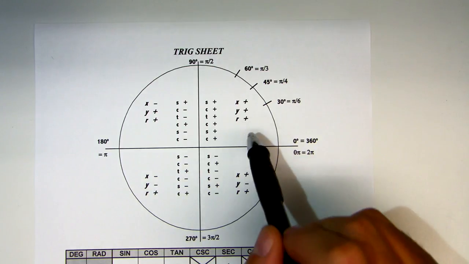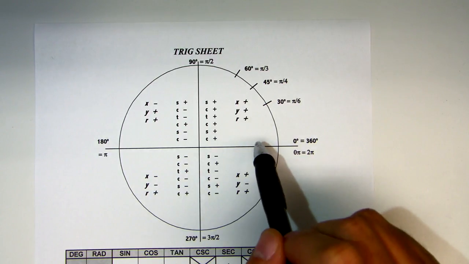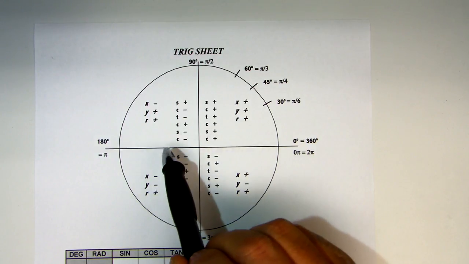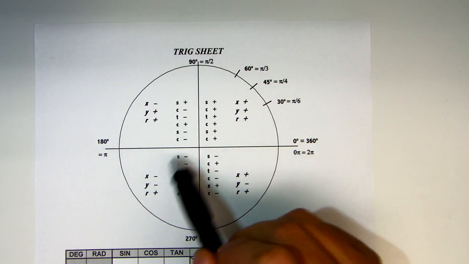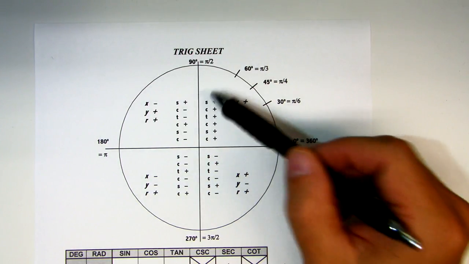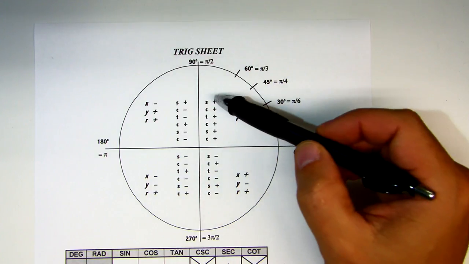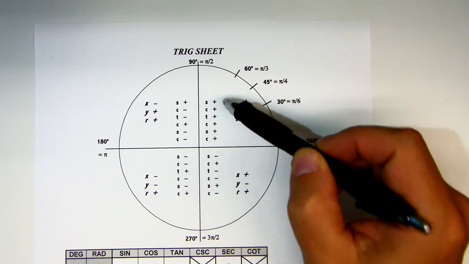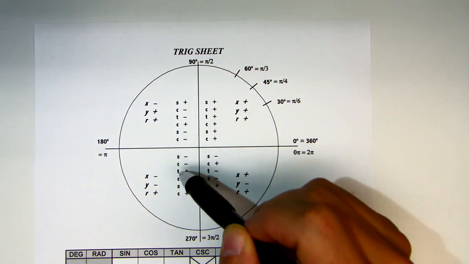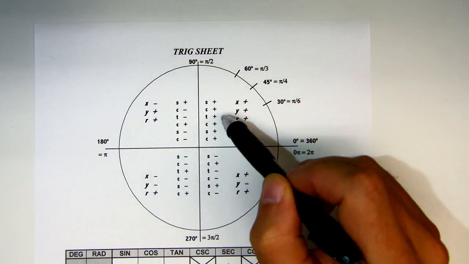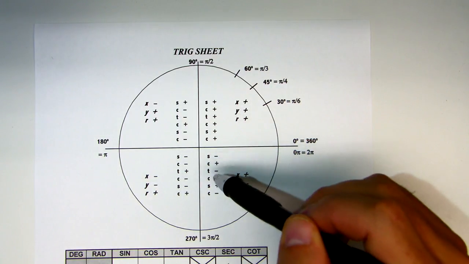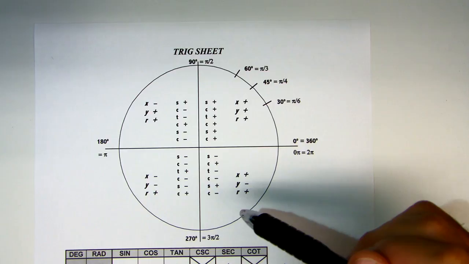And if you think about where x is positive, cosine will be positive, and where x is negative, cosine will be negative. And then tangent is just sine over cosine. So when sine and cosine both have the same sign, then our tangent will be positive. And if they have alternate signs, tangent will be negative.